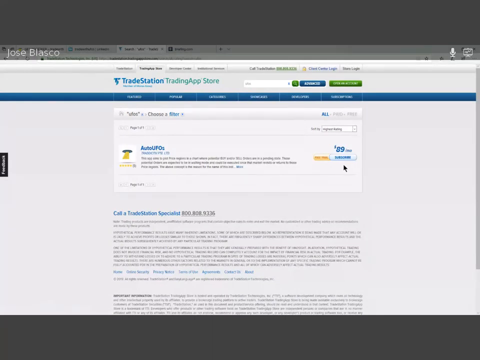The beauty of the App Store with TradeStation is that the whole installation, delivery of the app in your TradeStation desktop, is automatic. You don't need to install anything manually. The App Store, just like when you install an app on your phone, will take care of delivering the app to your TradeStation platform, and it gets automatically installed. You have nothing to do. It's very, very convenient.